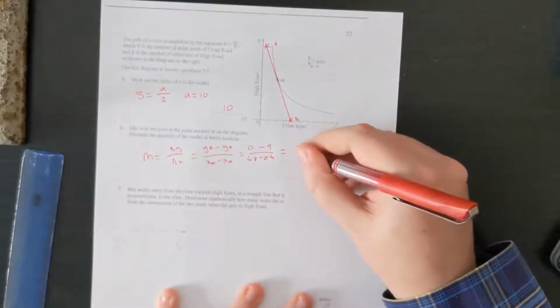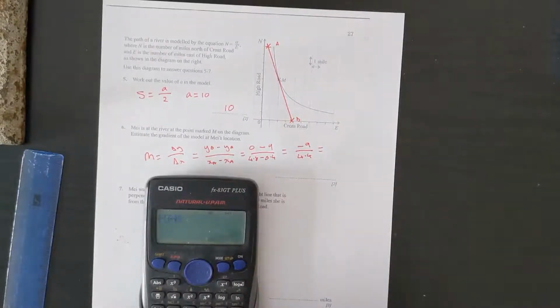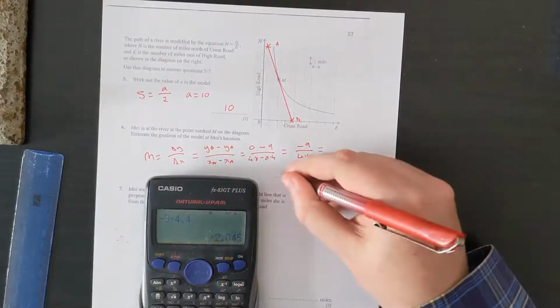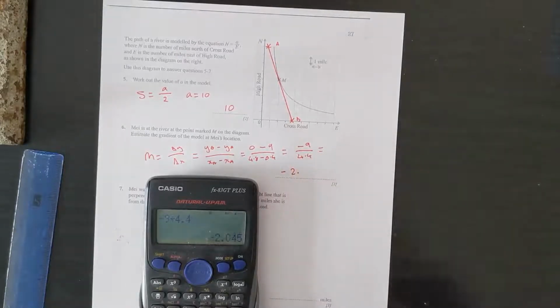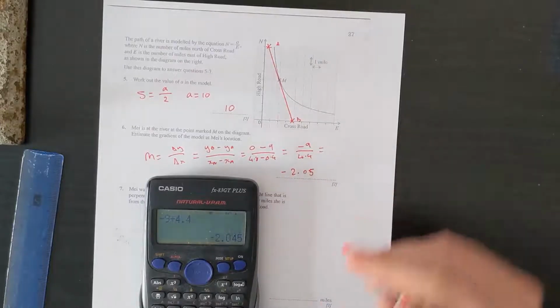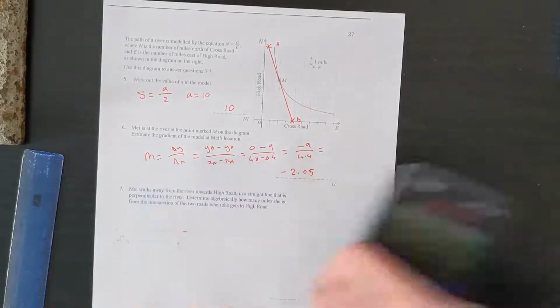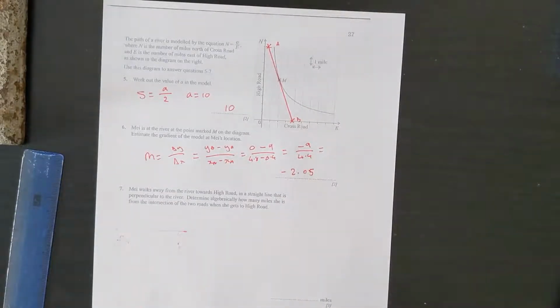Then xB looks to me to be 4.8, and xA looks to be about 0.4, so I have minus 9 over 4.4, which is minus 2.05 to 3 SF. And then it won't have any units because it's miles divided by miles. I believe the mark scheme allowed anything between minus 2 and minus 3, so I'm just in my tolerance there, actually.